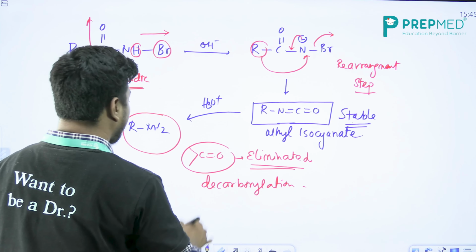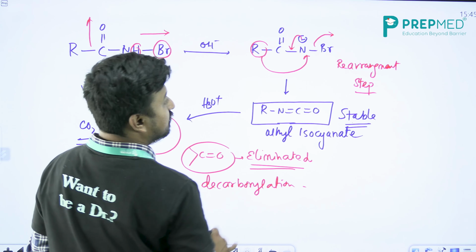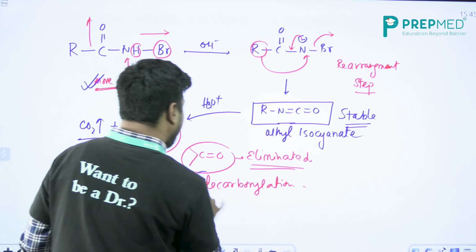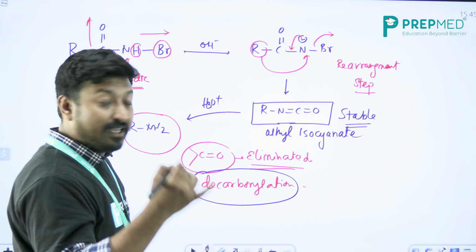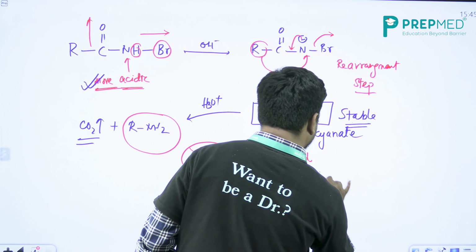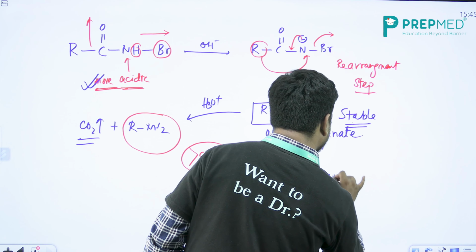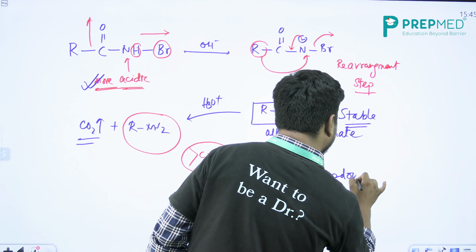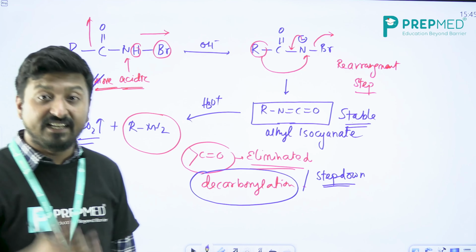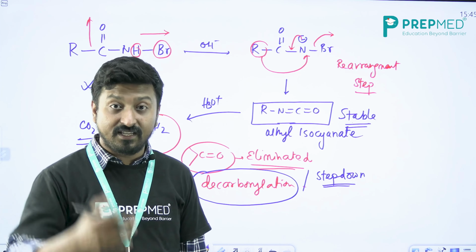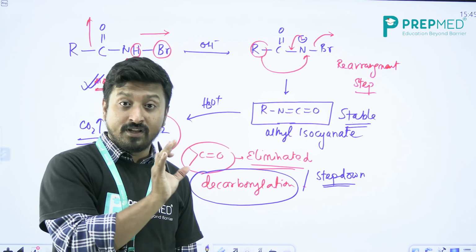And finally, you need to remember that this reaction is also called a decarbonylation reaction, or you can also say that this reaction is also called a step down reaction, as the number of carbon has decreased from the original compound.